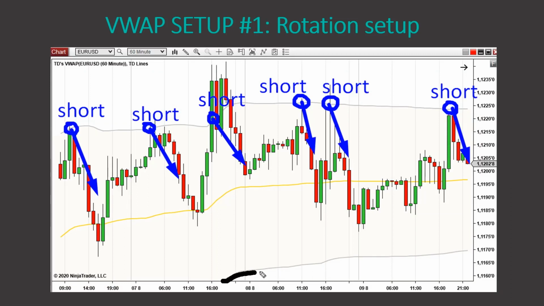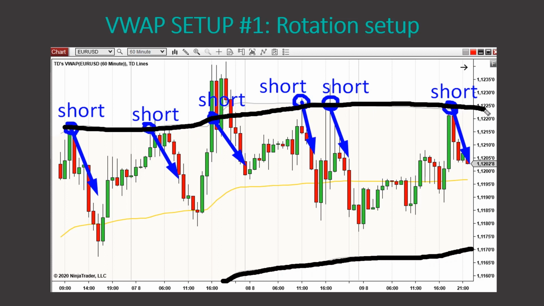Now, another example of this rotation setup. Let's first have a look at the first deviations, this one and this one. They are moving sideways, they are moving horizontally, which means that the market is calm and there is a rotation. So we can start looking for the rotation setup. This deviation line is a support.